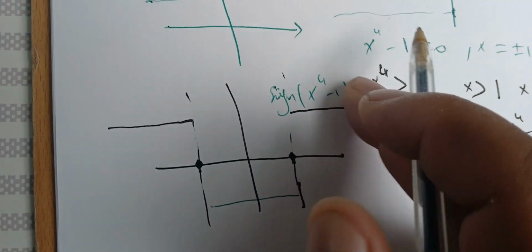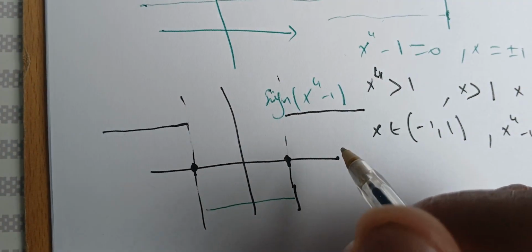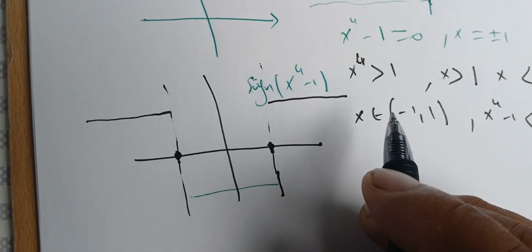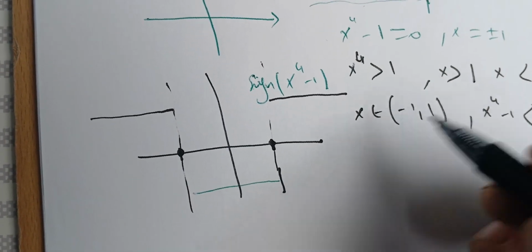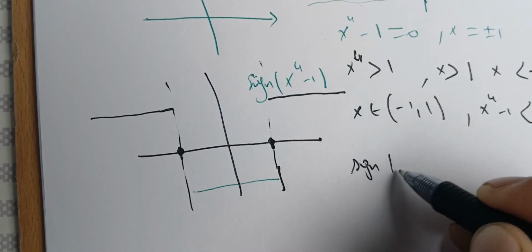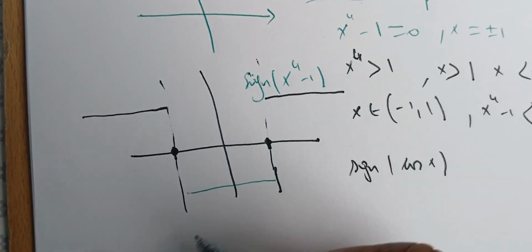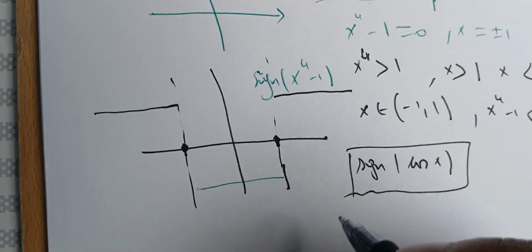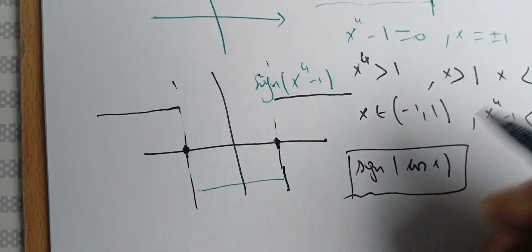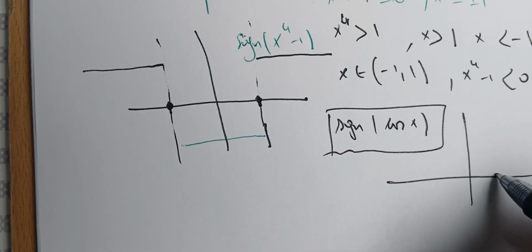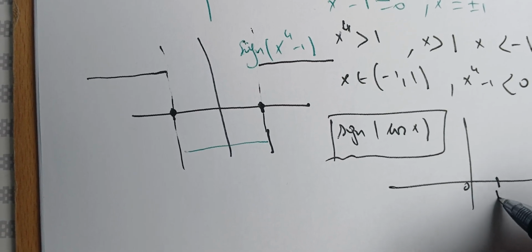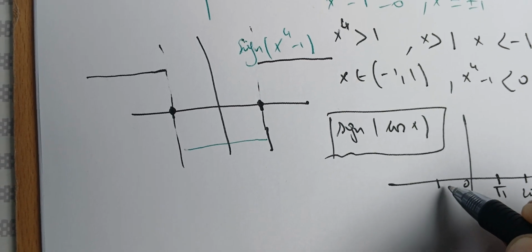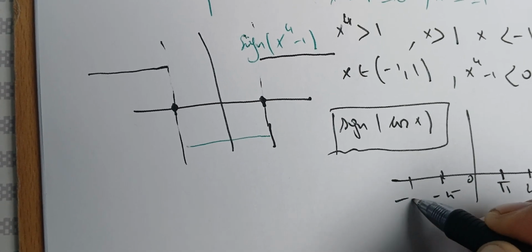Okay, the signum, or the sign, of some function can be periodic. If we think about the sign of the cosine of x, if you remember, 0, pi, 2 pi, minus pi, minus 2 pi.